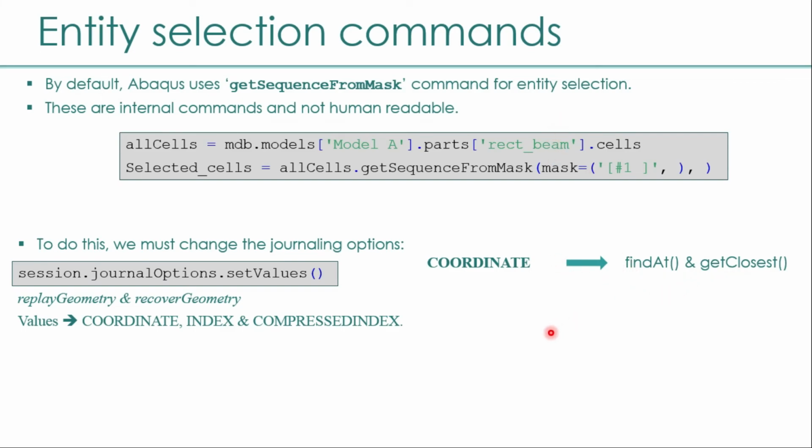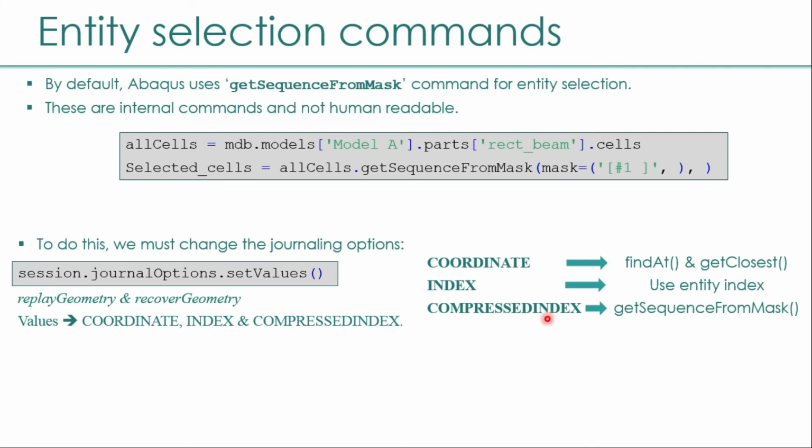The other one is INDEX. Whenever you give INDEX here, it will use the index of the particular entity to select it. And the last one is COMPRESSED_INDEX. If you use this option, it will use the getSequenceFromMask command, which is the default.